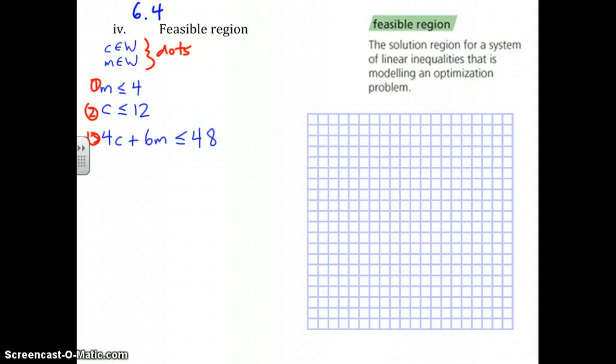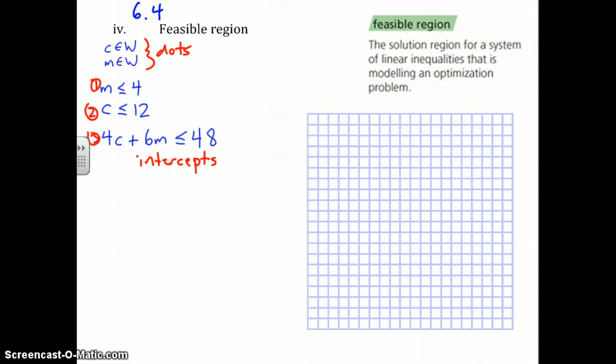You could do y equals mx plus b, but I don't necessarily recommend that here because we have different variables, the c and the m, and sometimes it just confuses us. So what I would probably do is either use a table of values, if I'm comfortable with that, or use intercepts.